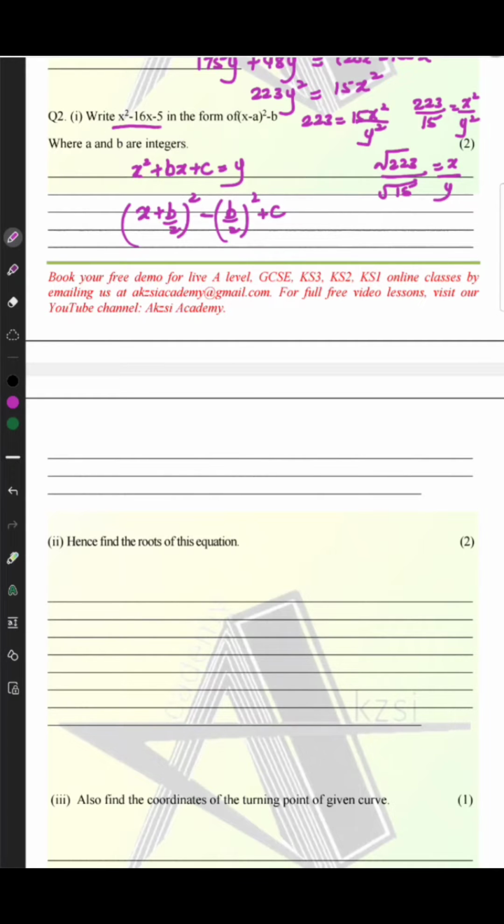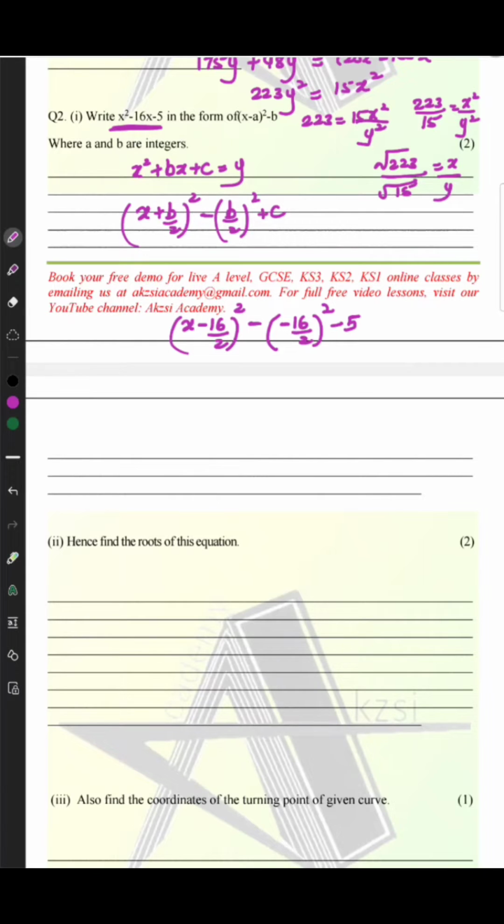If I compare, I can easily understand that b is negative 16 and c is negative 5. So this will become (x minus 16 over 2) whole squared minus, inside the bracket, (minus 16 over 2) whole squared plus c, and c is negative 5.